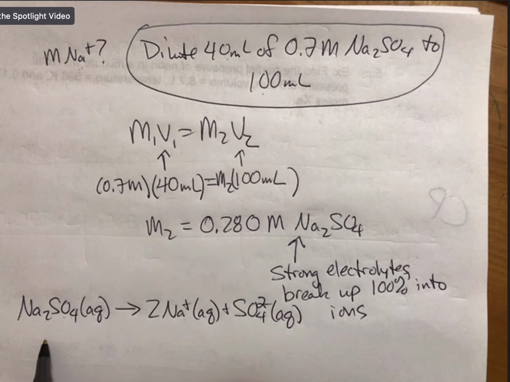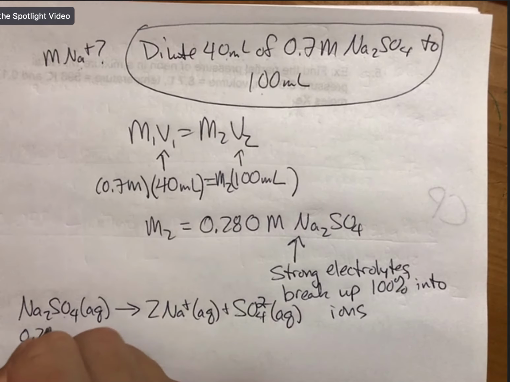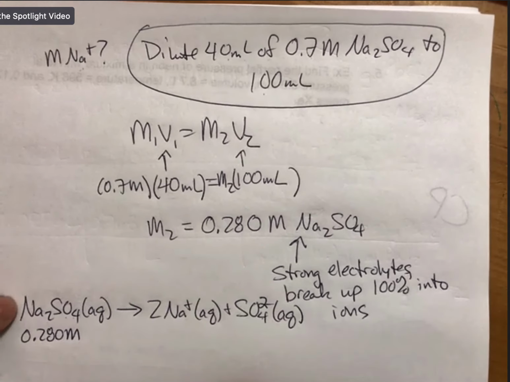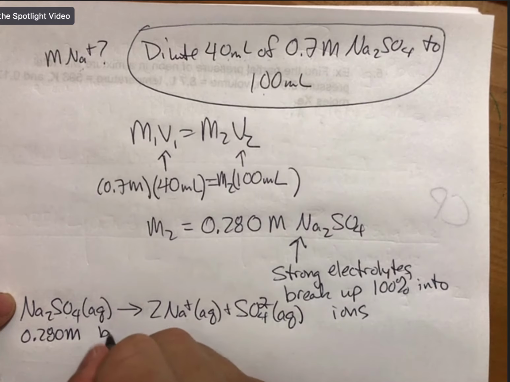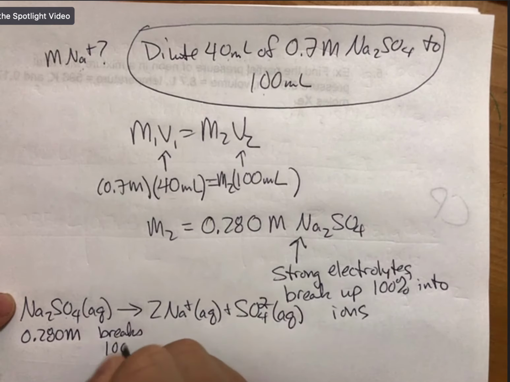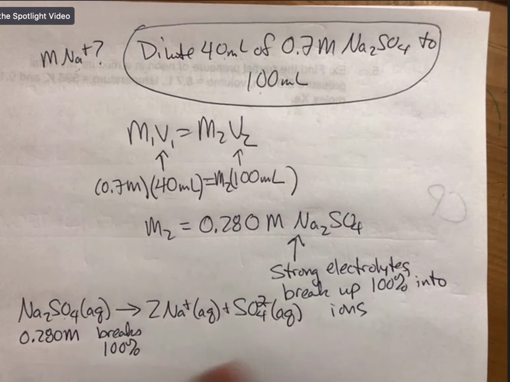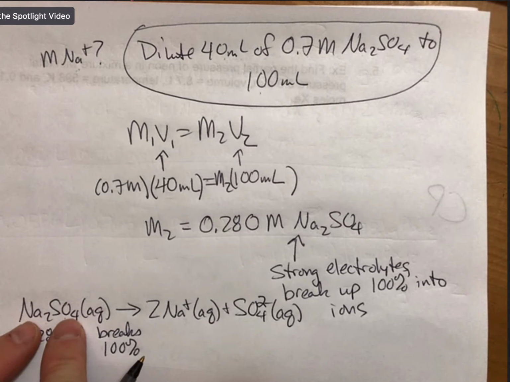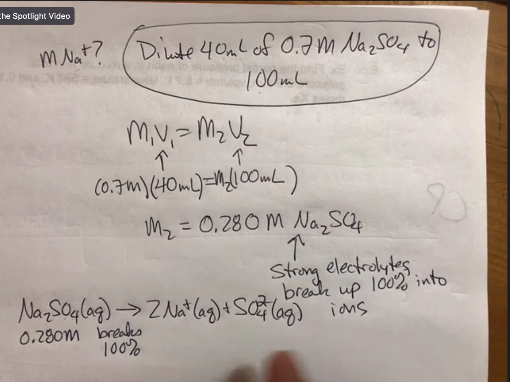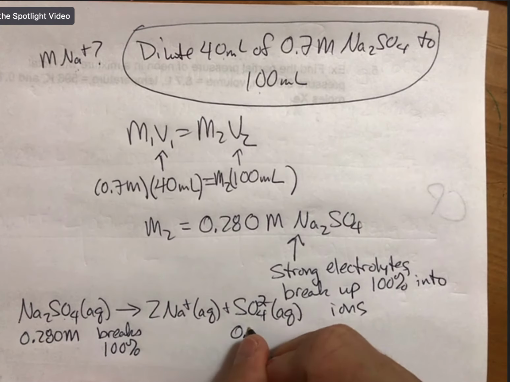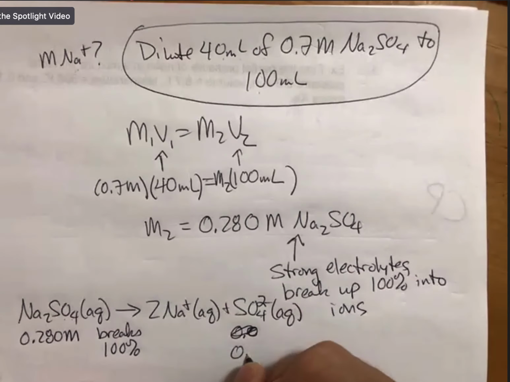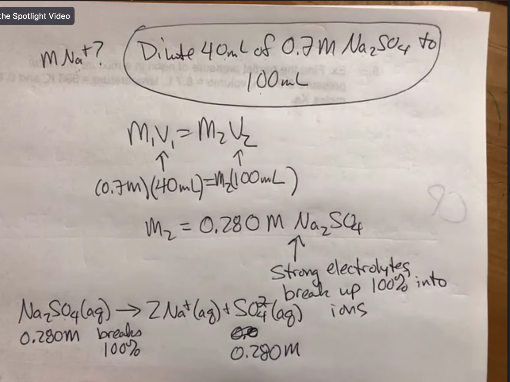But here's the point of what I want to do. If we have 0.280 molar sodium sulfate, it breaks 100% into these ions. For every one of these, we create 1 sulfate, so the concentration of sulfate is 0.280 molar.